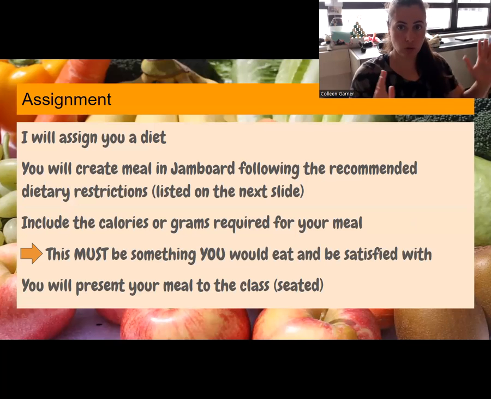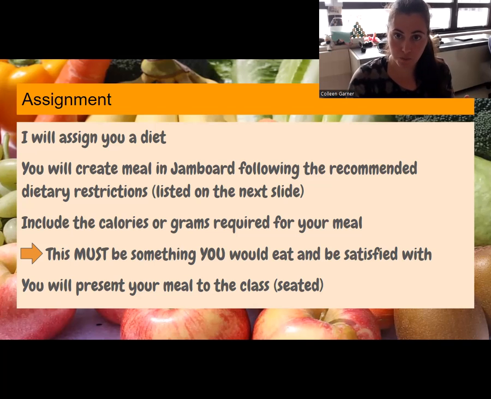So you're going to have your own Jamboard. Your name's going to be at the top with the diet type. I want you to create 1 meal. Select the meal that you want to, breakfast, lunch, or dinner, doesn't matter. And I want you to fit that meal into that diet type.